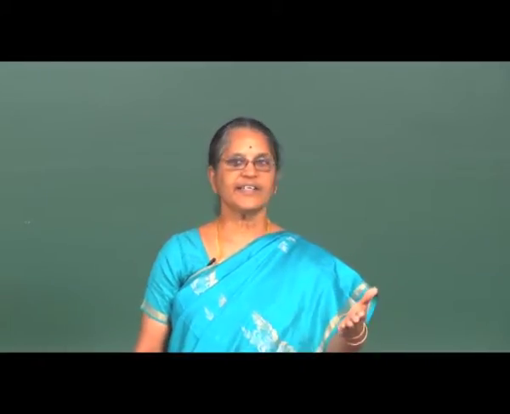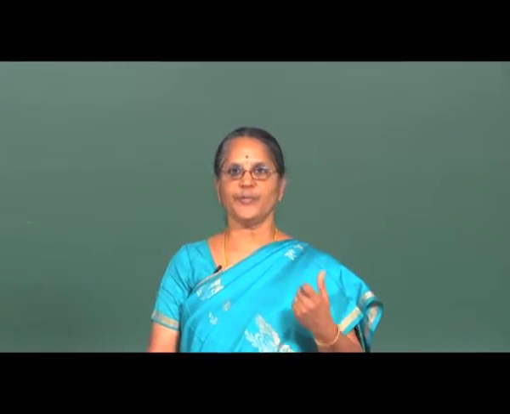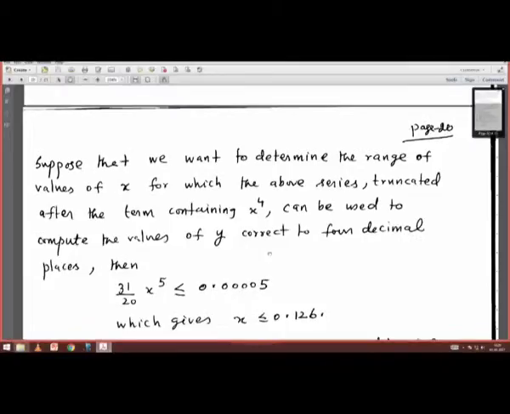So, is that solution valid for all values of x, or up to what values of x is it going to be a solution which gives me the desired degree of accuracy? So, we look at the error term and say that the error must be such that it should be less than 0.00005, because I want the solution correct to 4 decimal places.